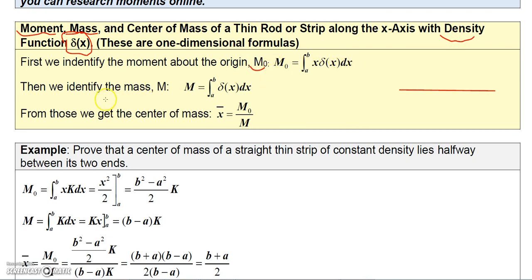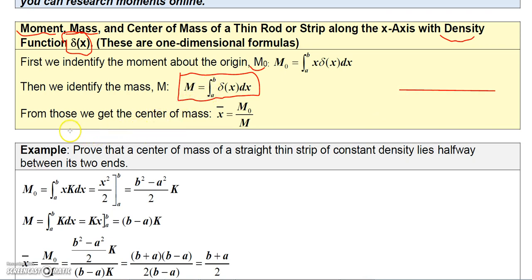And then we identify the mass. To get the mass, all you do is integrate the actual density function from a to b. When we say a to b, I'm talking about from the left endpoint to the right endpoint of the strip.